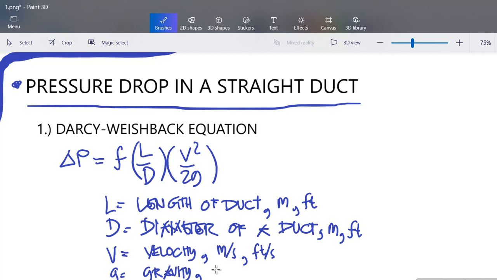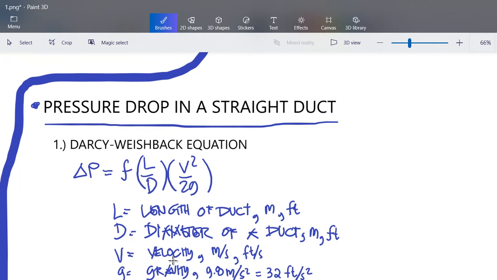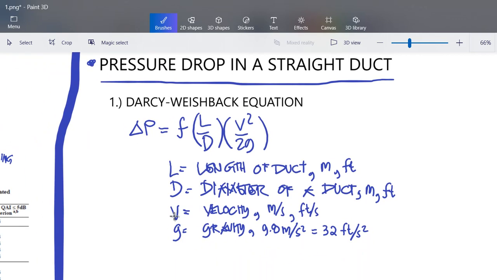So this is 9.8 meters per second squared, or this will become your 32 if I'm not mistaken. Okay, so this is 32 feet per second squared. Okay, so this defines the Darcy-Weisbach.